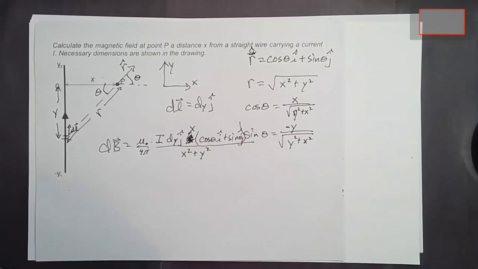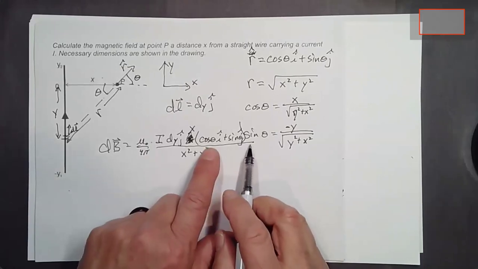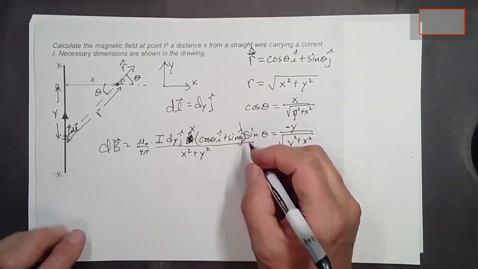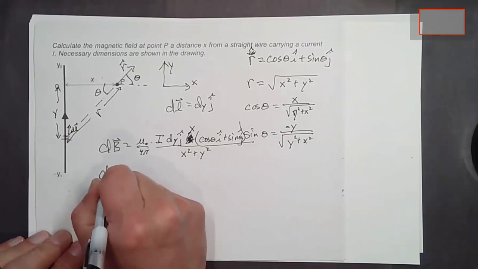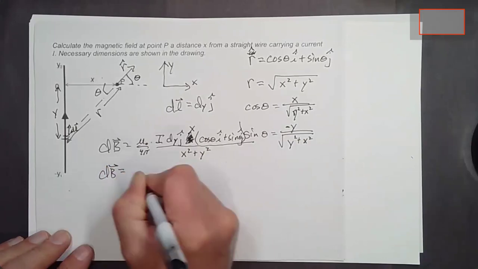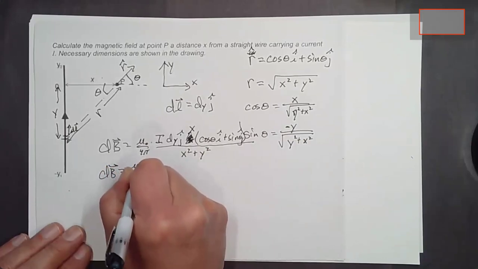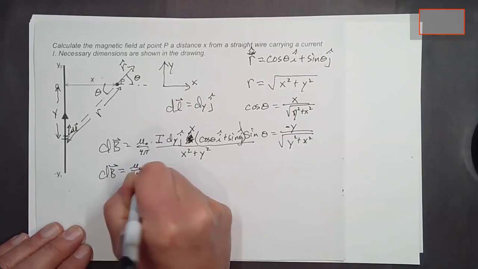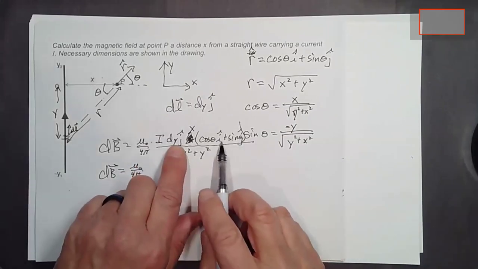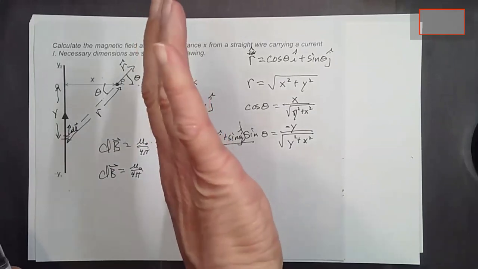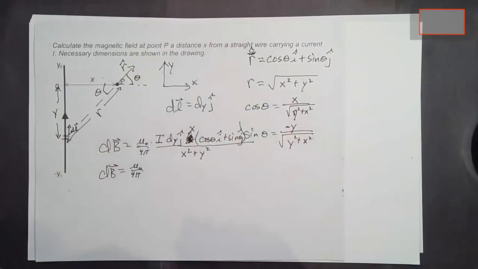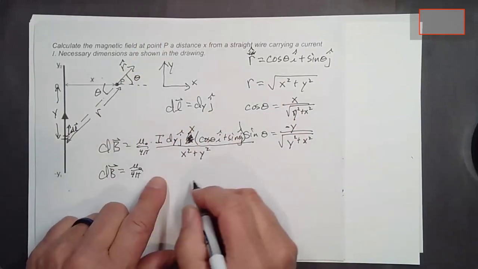Okay. That means this is going to simplify to, let's see, dB is going to equal mu naught over 4 pi. Now, j hat cross i hat is going to point in the minus k hat direction.